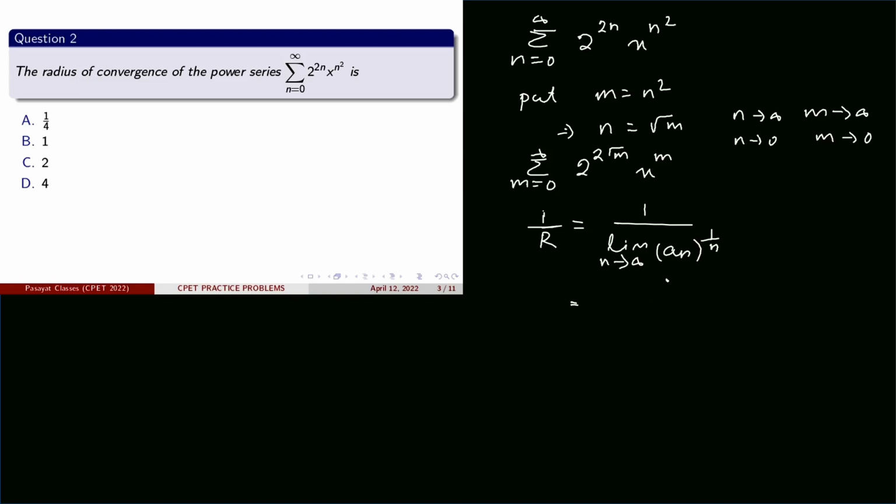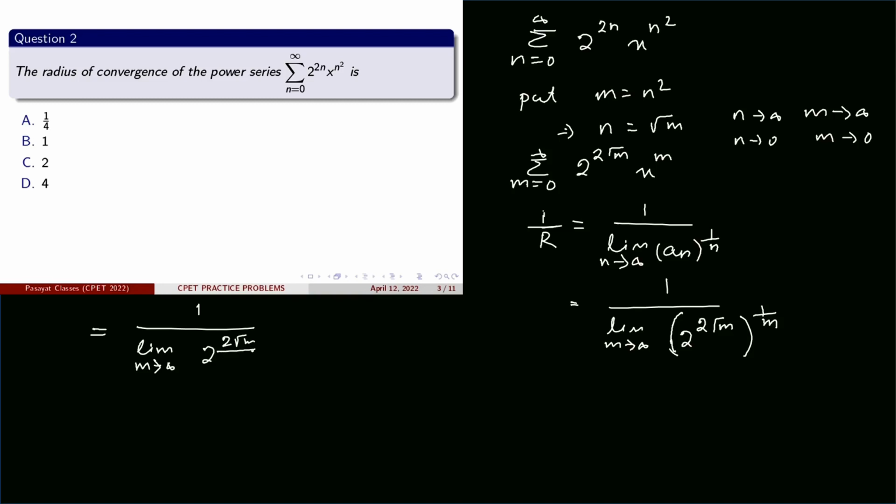That means we can write 1 by limit m tends to infinity of a_m, that is 2 to the power 2 root over of m, whole to the power 1 by m. And on solving this we get 1 by limit m tends to infinity of 2 to the power (2 root over of m divided by m).